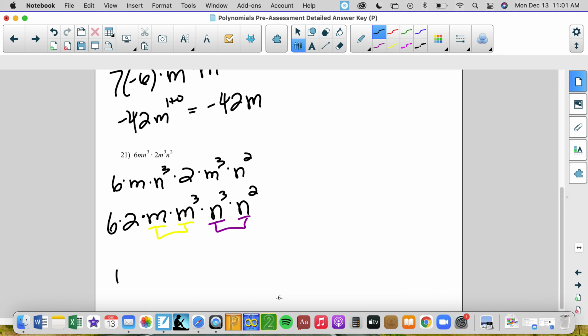So 6 times 2 is 12. We get m to the 1 plus 3. We're adding their exponents because we're multiplying like bases. And then you have n to the 3 plus 2, which gives us 12m to the 4th, n to the 5th. Now, in this term, our variables should always be in alphabetical order. So m is going to come before n, even though n has a bigger exponent.